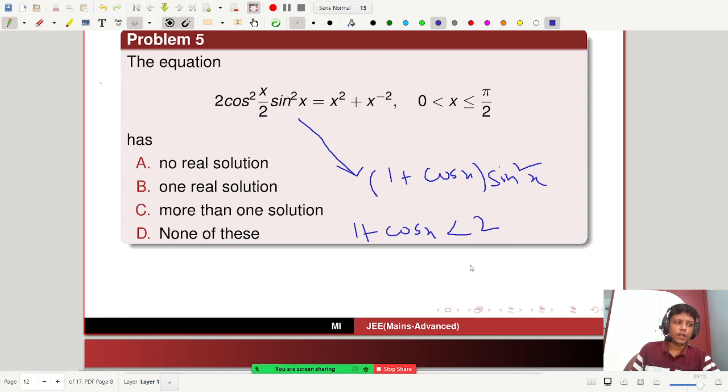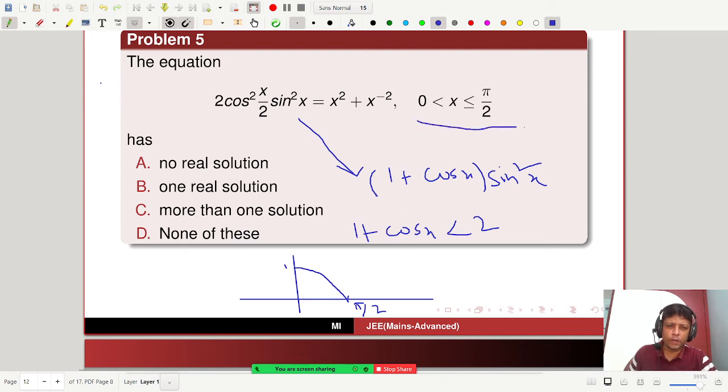In the interval 0 to pi by 2, look at the cos diagram: this is pi by 2, and this is 1. Cos x must be less than 1, so 1 plus a value less than 1 will be less than 2. That's the reason I am writing 1 plus cos x less than 2.